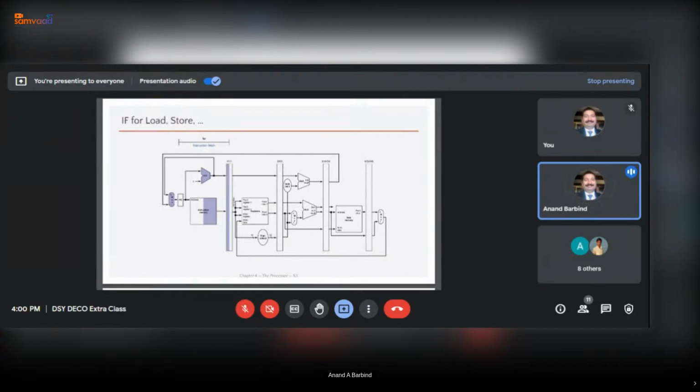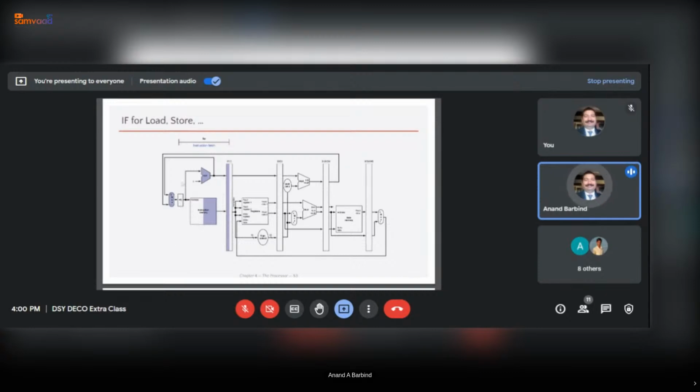For example, let us say the execution of the LW instruction, that is the load word instruction. The contents of the instruction are there in the instruction memory. The address of the instruction is there in the program counter.